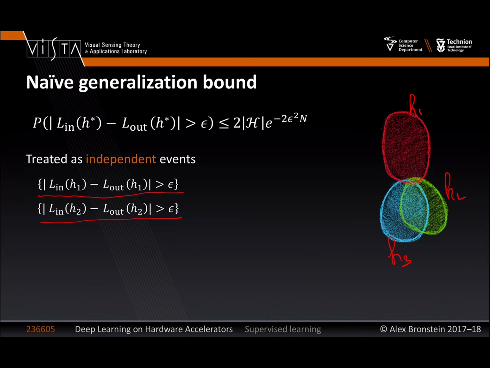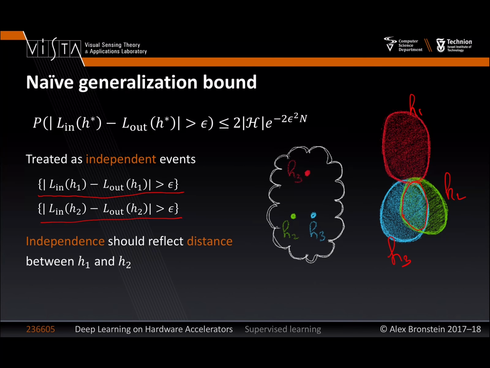Okay, and you have some overlap, some dependence between the events, and somehow you would like to say that if you have two hypotheses, let's say H2 and H3, that are very close in some sense in the space of hypotheses, they should be very much dependent, right?